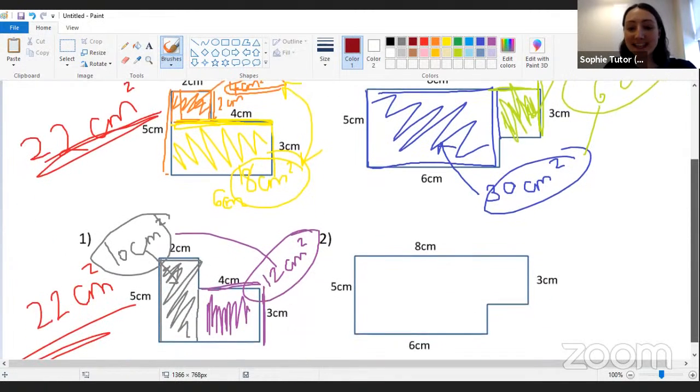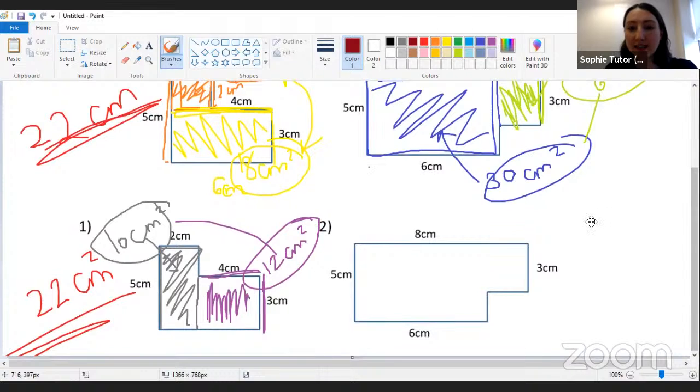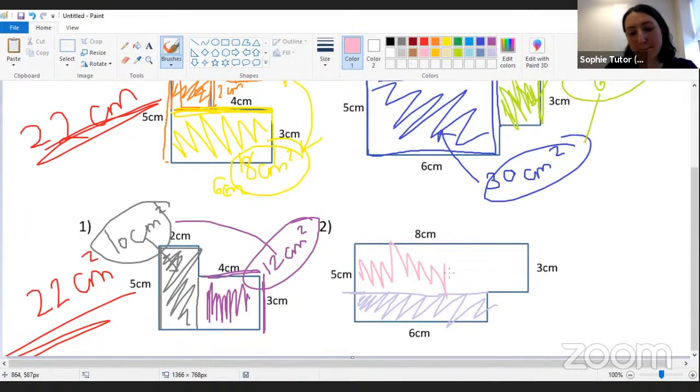If you did it the other way, you could have popped your line along. Let's go for a different color we haven't used. Let's go along here. Don't know if you can just about see this. So you might have, for example, this bit, and then you might have this bit. To do the pink bit first, again, you do length times width, so 5 centimeters times 8 centimeters.